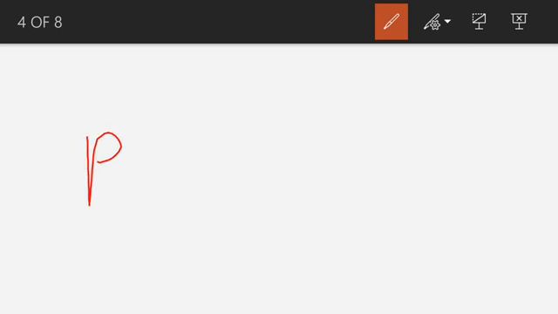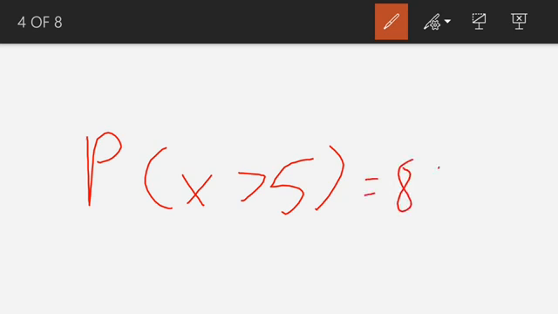So the probability that x is greater than 5 is equal to 84.13%. We got this value by adding the z-score value of -1 and 0.5, which is equal to 50%.